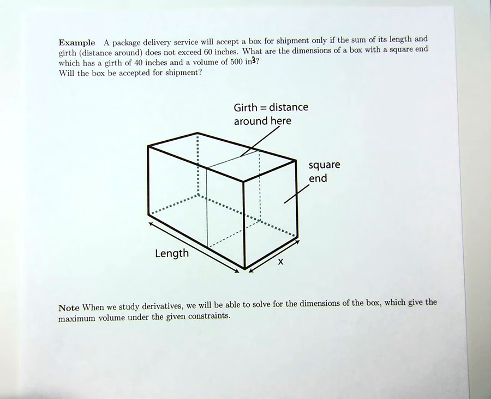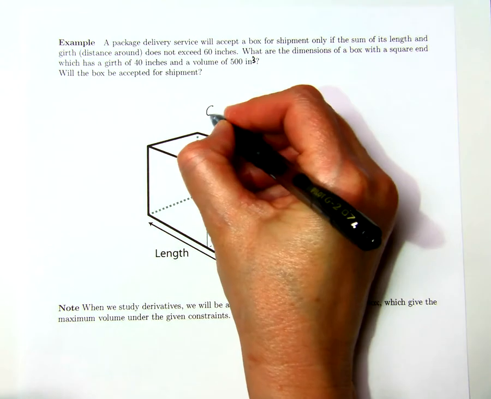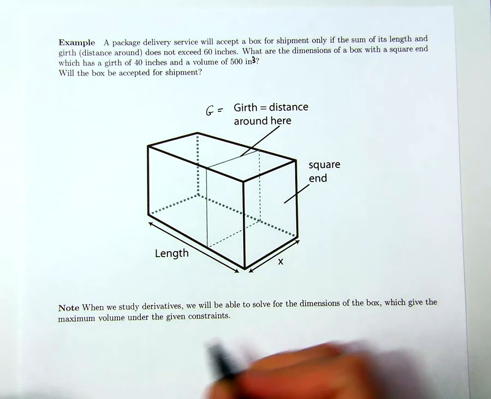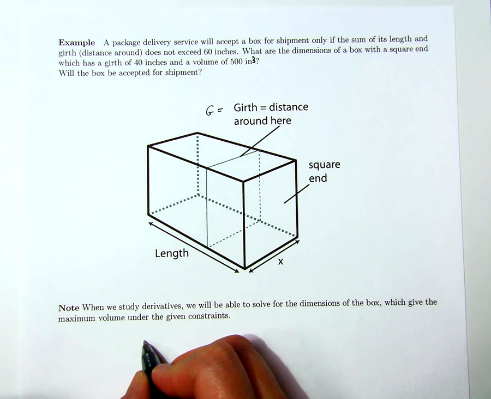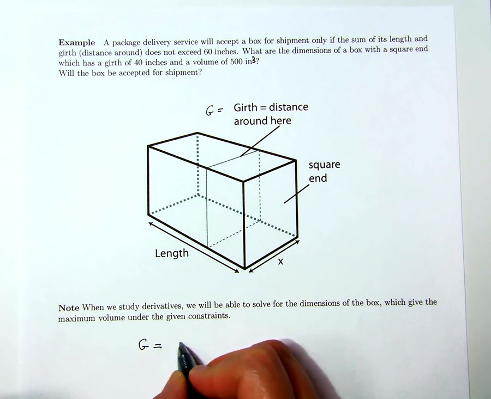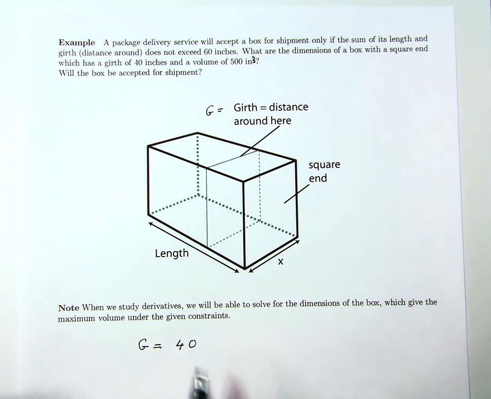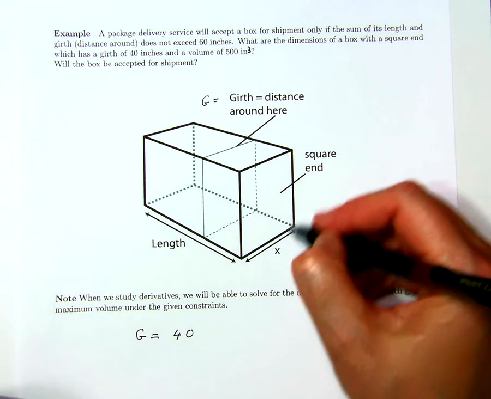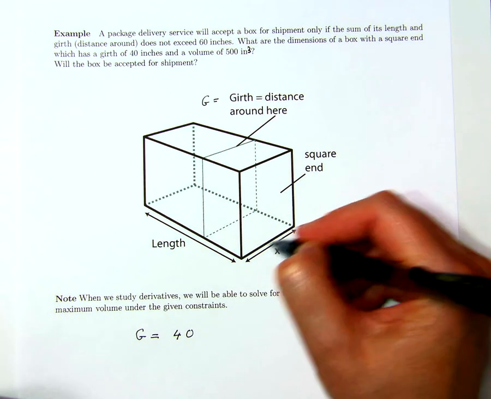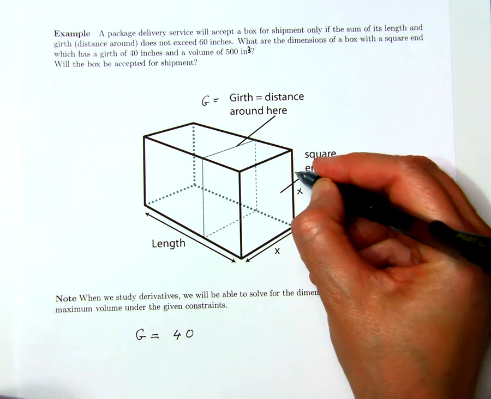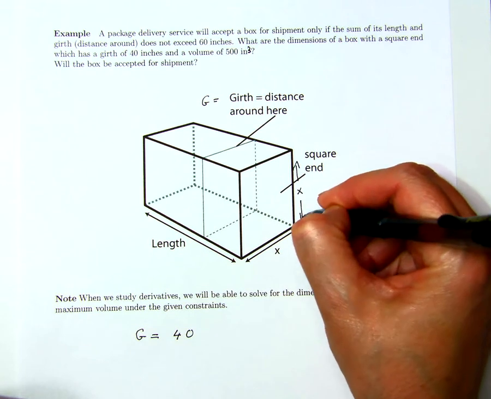Okay, so suppose the girth, let's call G the girth, and let's assume that G is equal to 40 and that the end is square, so these two sides are the same size.